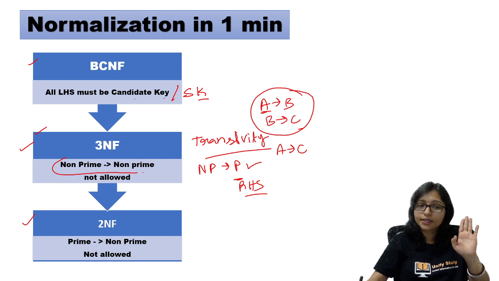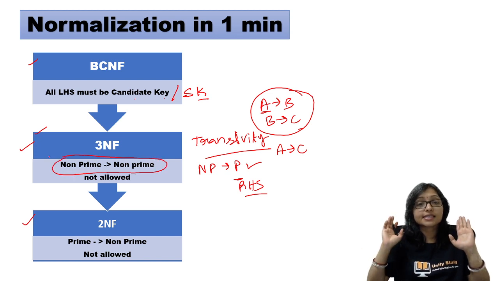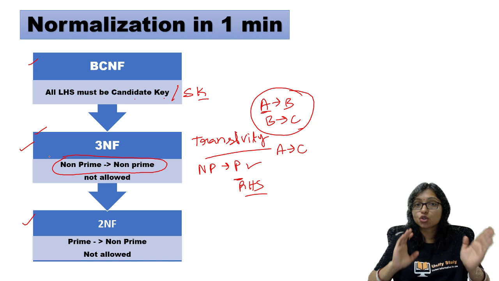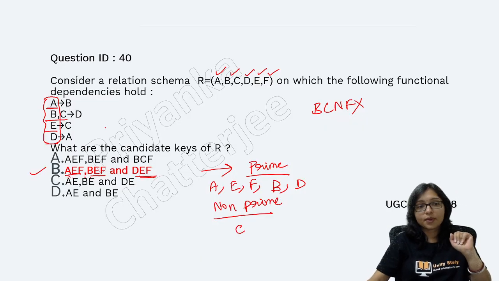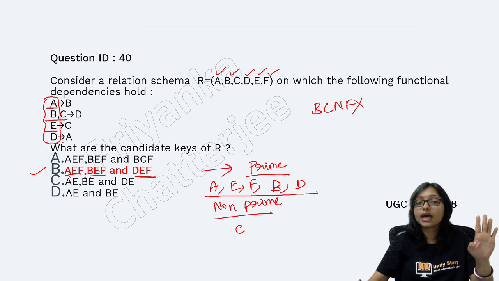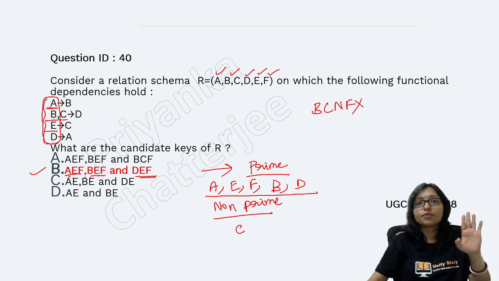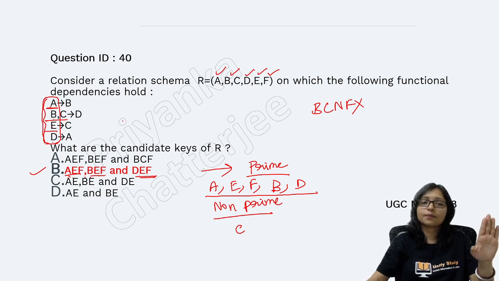This is the simple thing I have to check. Is there any one which is non-prime to non-prime? You can see in this dependency, what are the primes? The prime list is A, E, B, D. All are prime, so there will be nothing non-prime to non-prime.